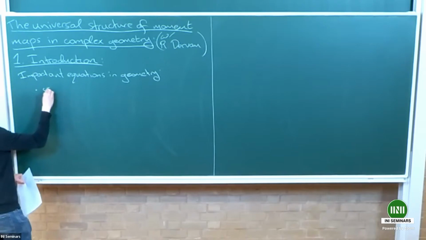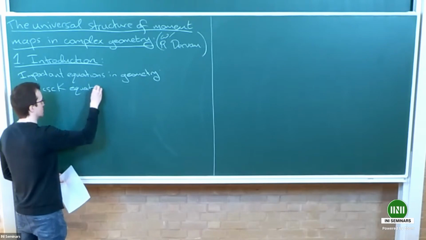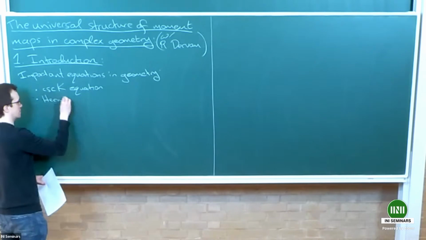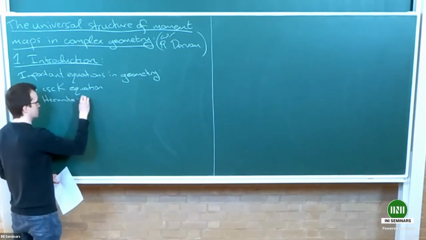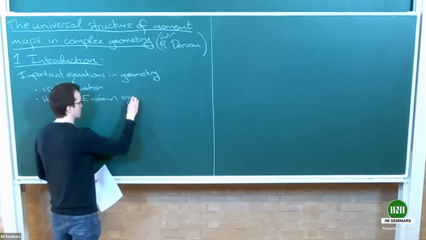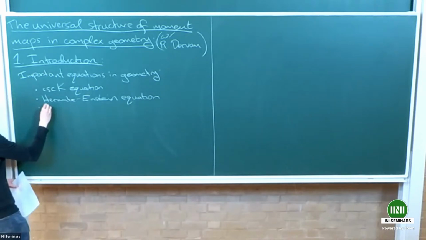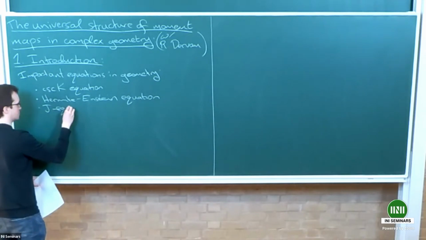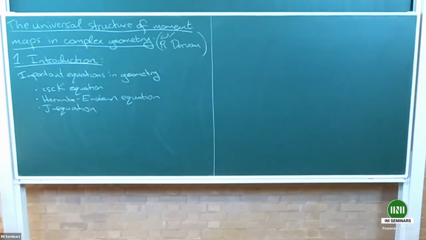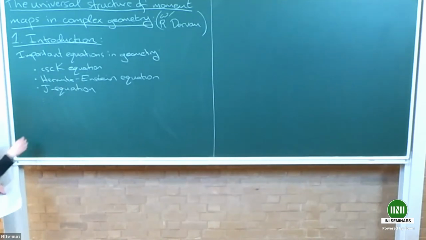Well, there's the CSCK equation, Hermitian Yang-Mills equation, the J equation, and also many others. But what unites all of these examples is that they're all examples of moment map equations.